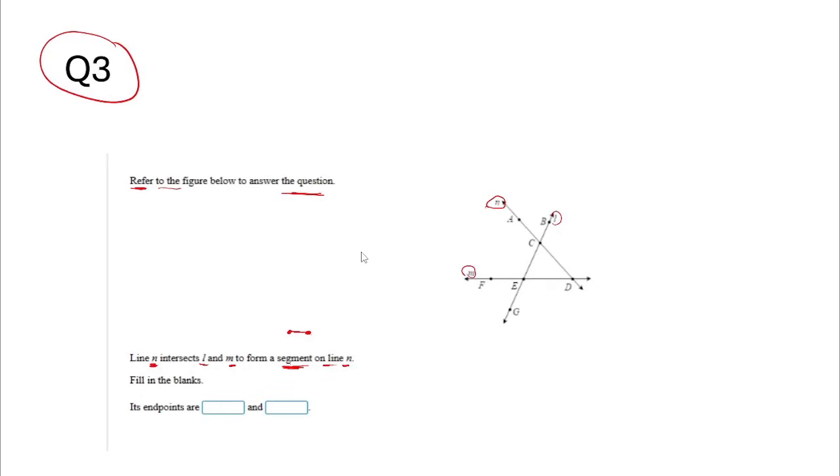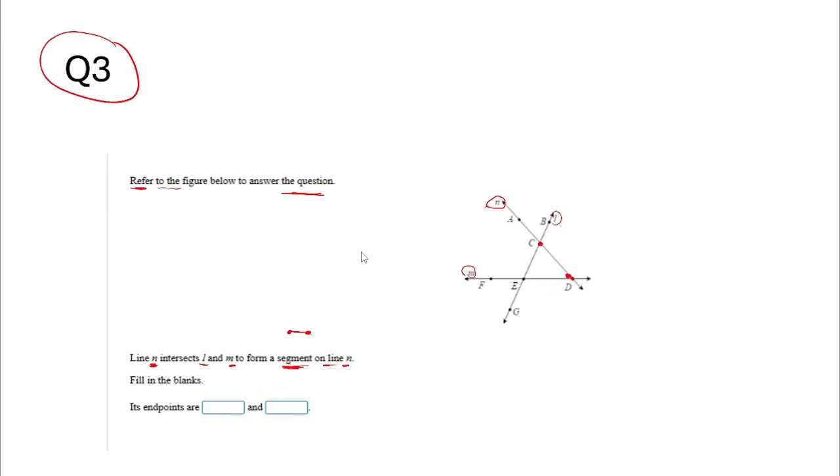So in this line, a line segment has been formed. Okay, fill in the blanks. Its endpoint R. Let's say line M intersects with line N at this point. Line L intersects with line N at this point.